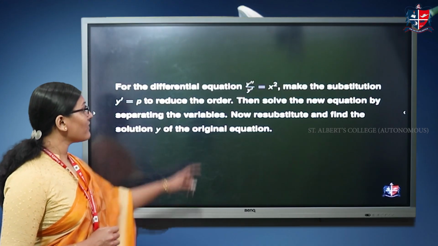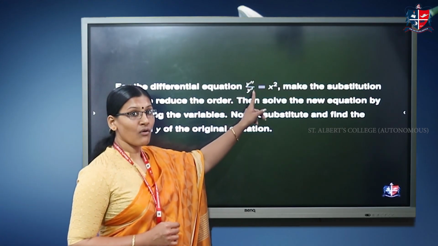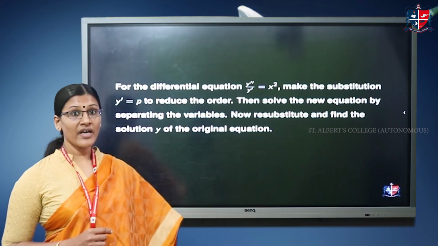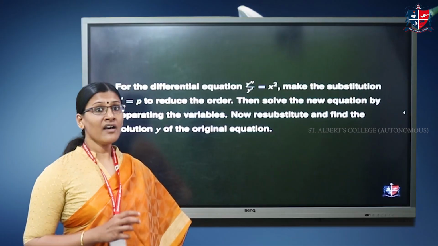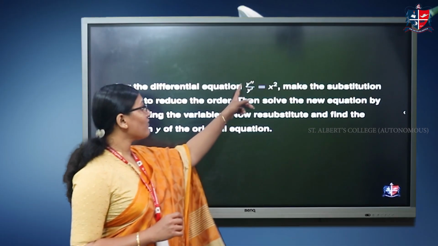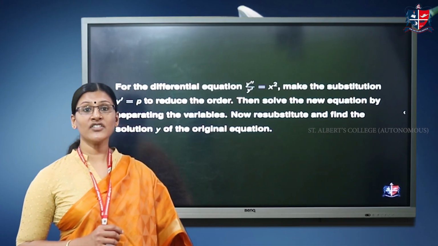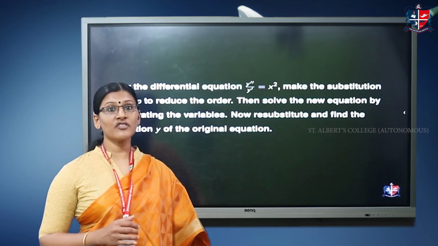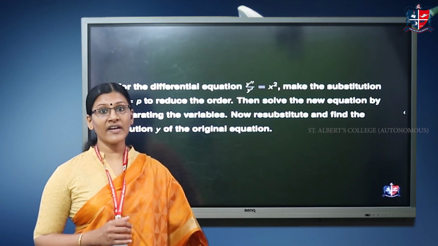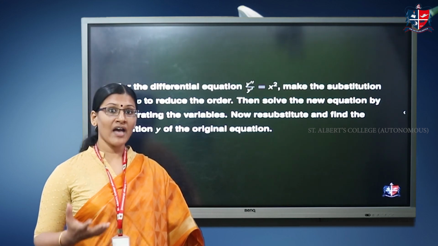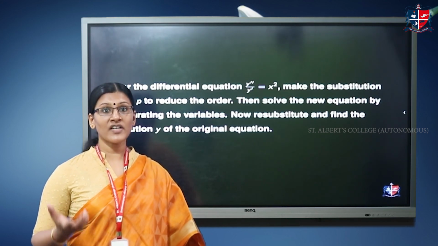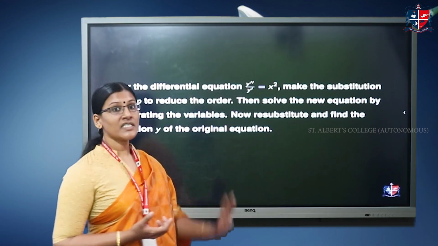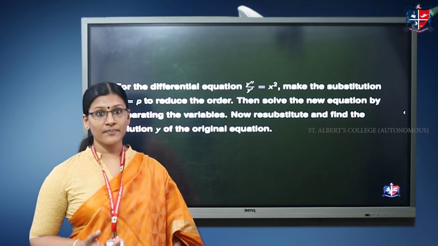That is, we are given an ordinary differential equation, y double dash minus y dash equal to x square. Here the highest order derivative is y double dash, so it is a second order ordinary differential equation. But till now we know how to solve only a first order ordinary differential equation. So we have to use the technique of solving first order equations in solving this second order equation.